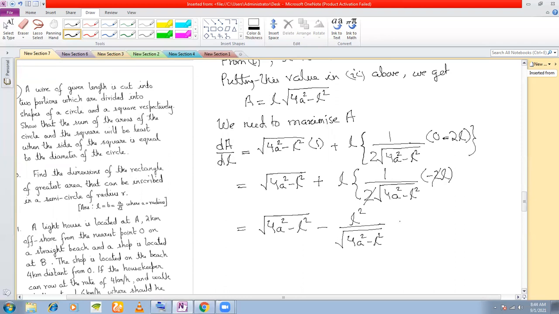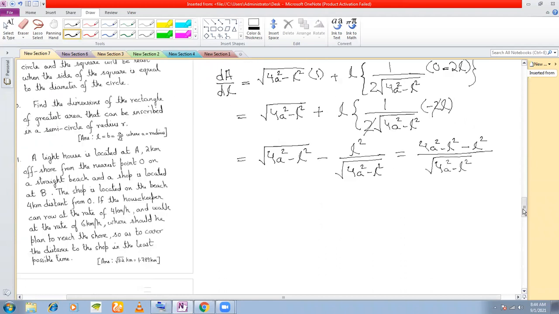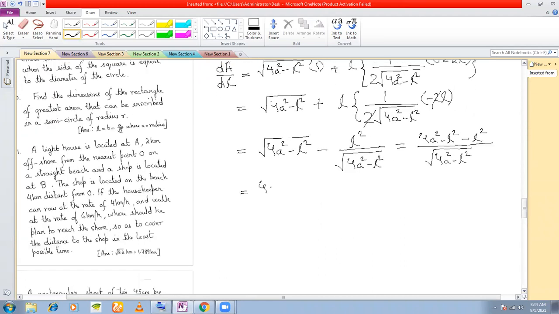Okay, and we can take the LCM and simplify it a little further. So you get 4a square minus L square, and you get here minus L square. So what you're getting here is 4a square minus 2L square divided by root over of 4a square minus L square.